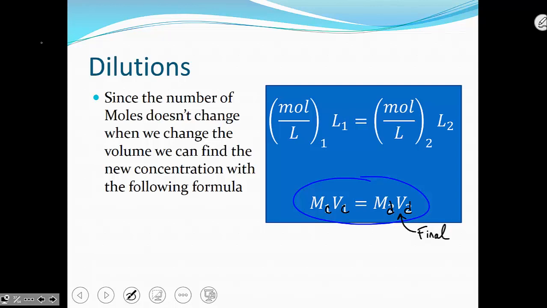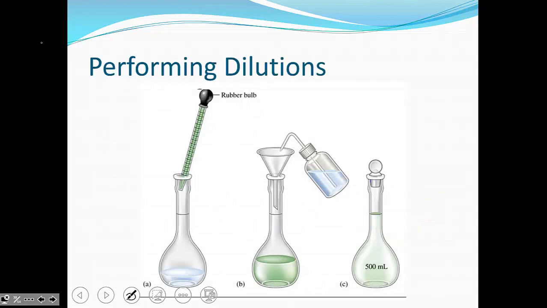Like at the end, how much were you trying to make? We do dilutions by taking that volume of concentrate, putting it into a volumetric flask, and adding water to the volume of the dilution.